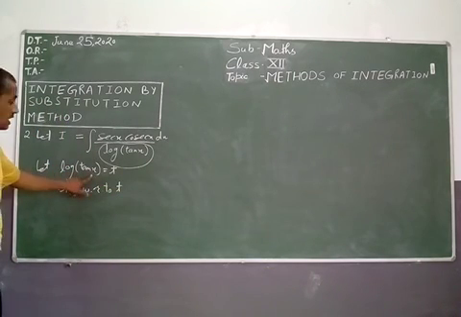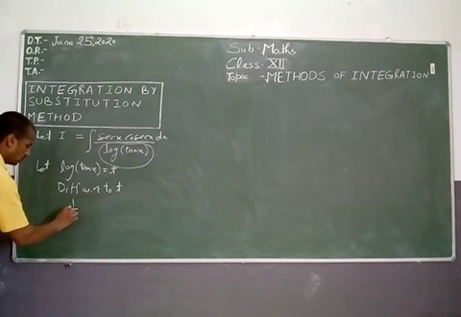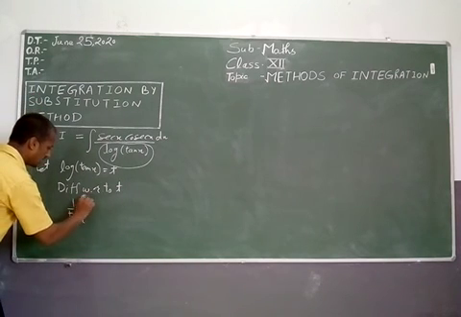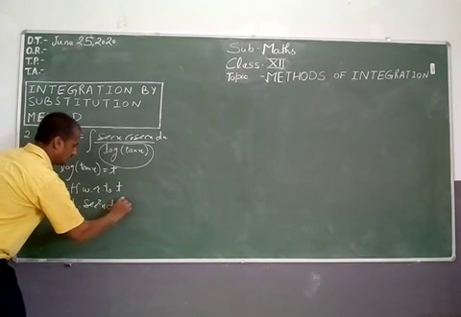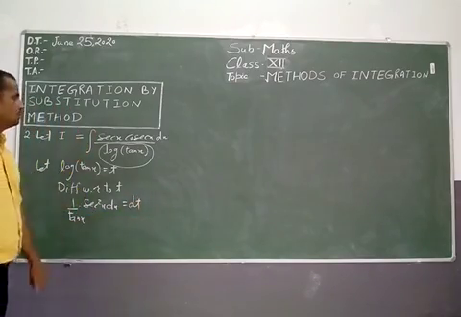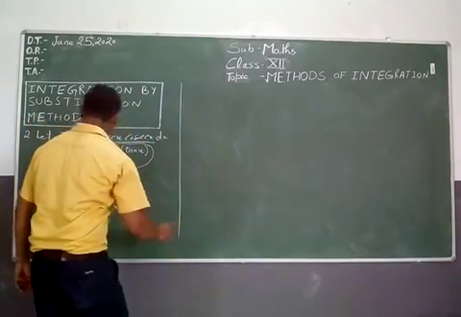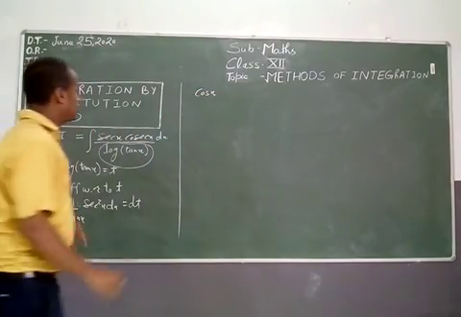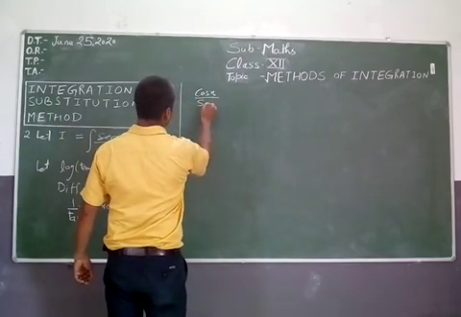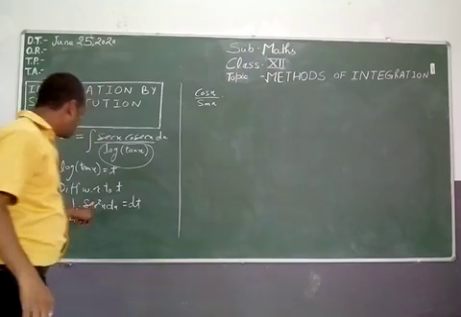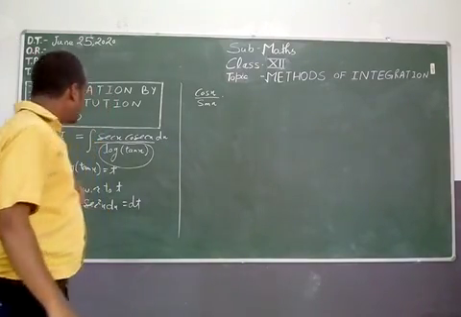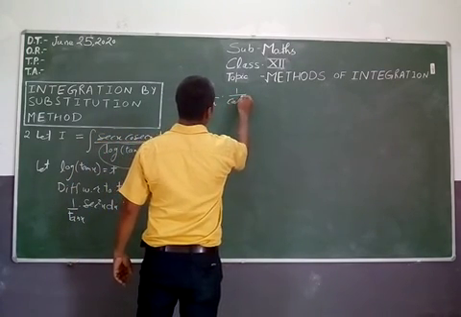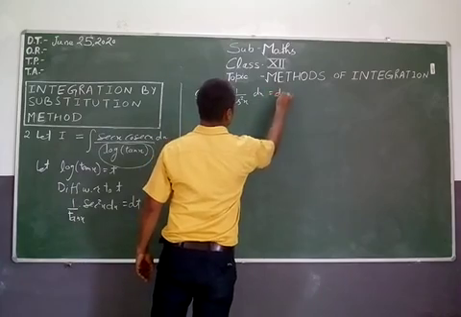Derivative of log tan x equal to 1 upon tan x. Derivative of tan x is sec square x into dx equal to dt. After simplification we can write here 1 upon tan x equal to cos x upon sin x, into 1 upon cos square x, which we can write as sec square x. 1 upon cos square x dx equal to dt.